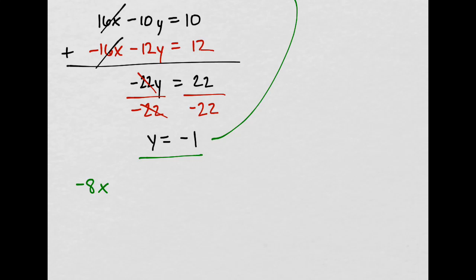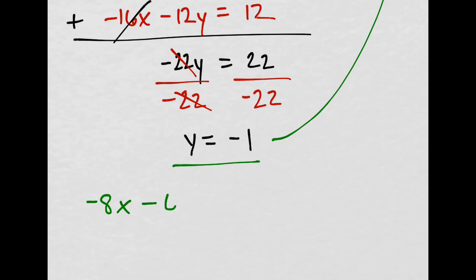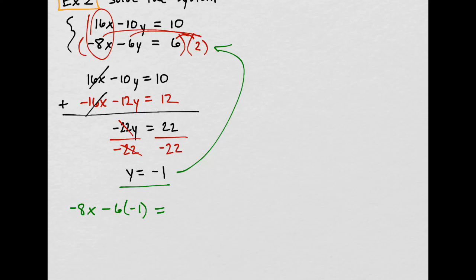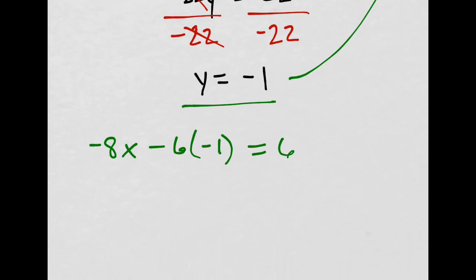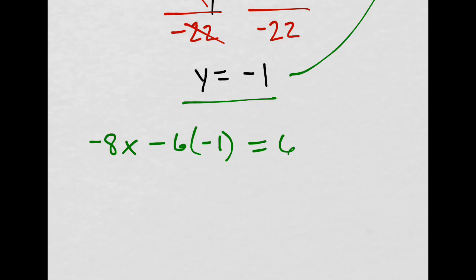Minus 6 times negative 1 equals 6. And then you solve. So I have negative 8x, negative 6 times negative 1 is positive 6 equals 6.